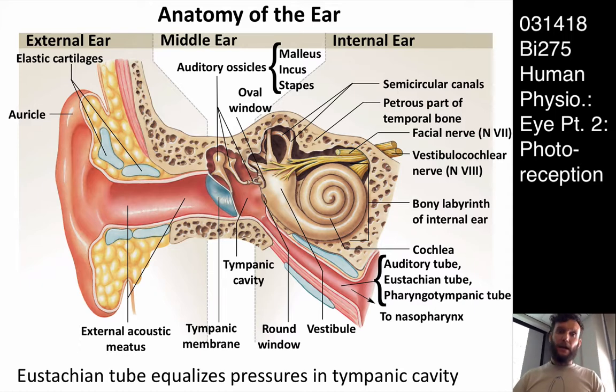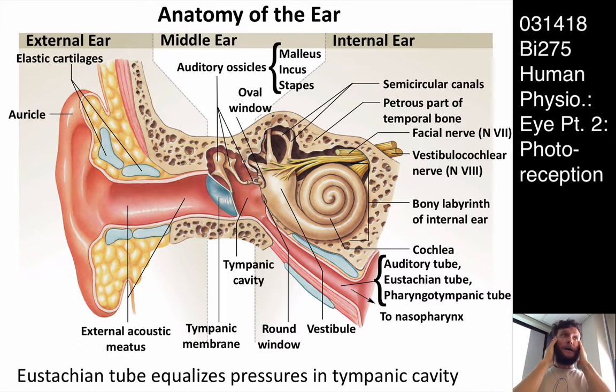Most anatomy labs, cadaver labs, don't actually do a dissection of the middle and inner ear. It's a mistake because it's really easy to do. And I'll tell you how to do it now because it helps tell my story a little bit. The temporal bone is the larger bone that all of this exists in. Temporal because temple, your temples.